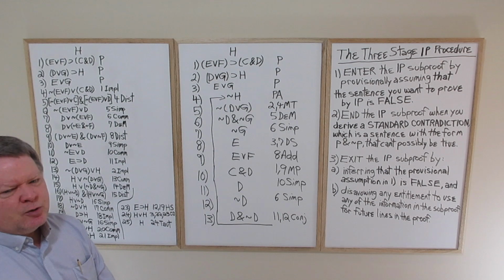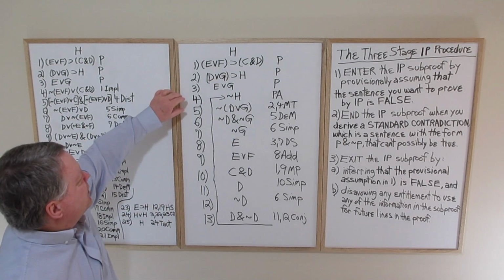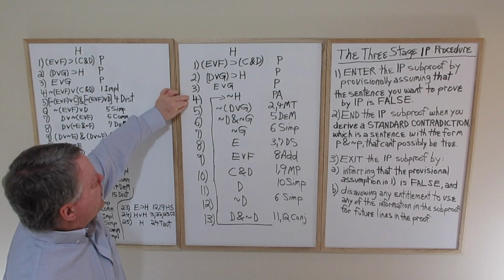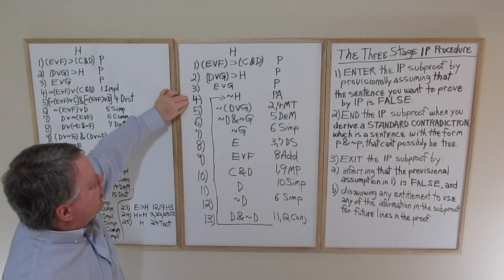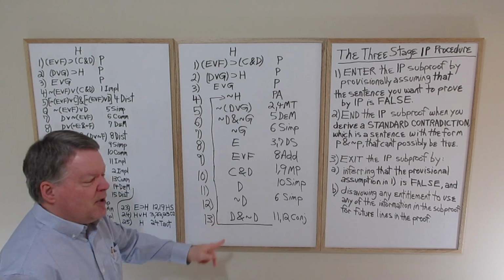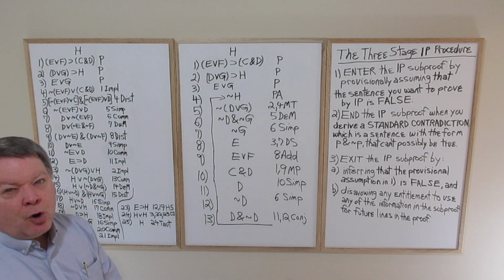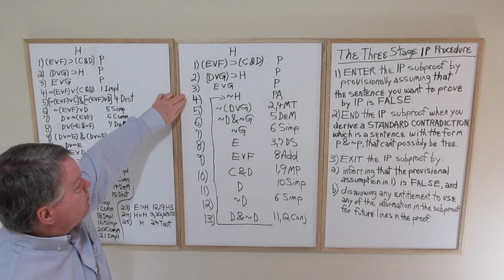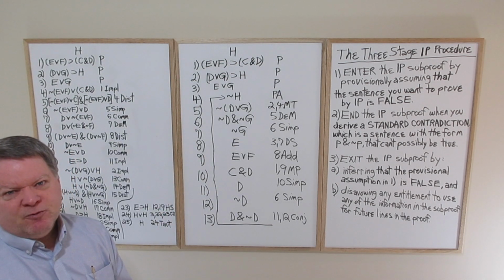The only logical conclusion to draw from that is that, given that our premises are true, if the provisional assumption of tilde H commits us to a standard contradiction, which is necessarily false, then tilde H must be false.